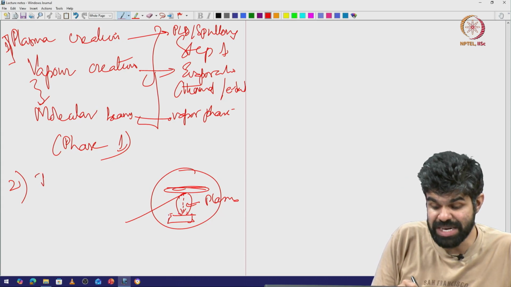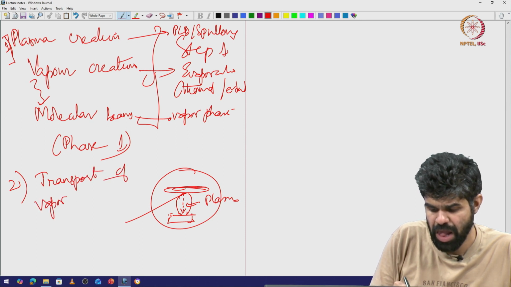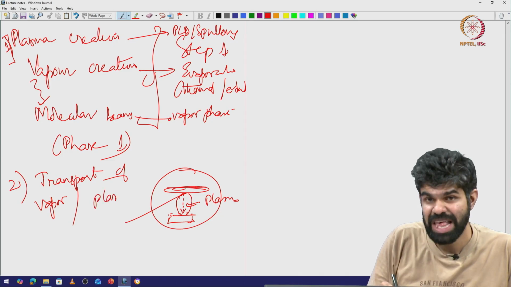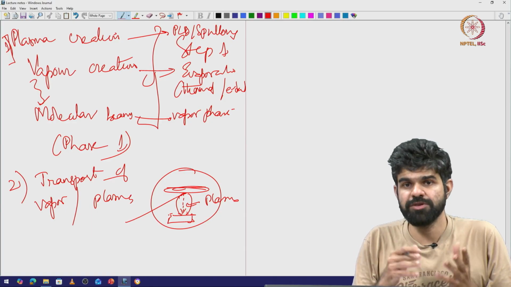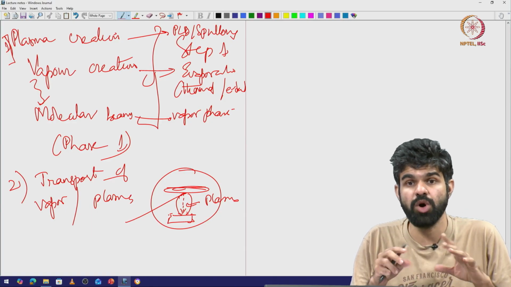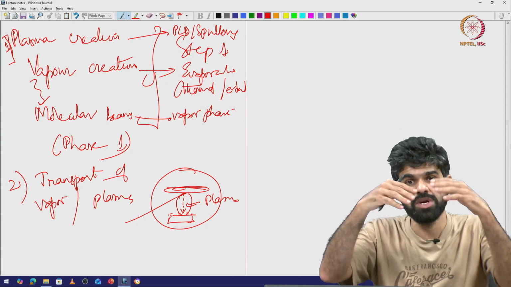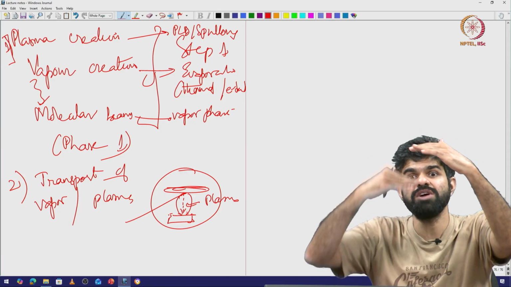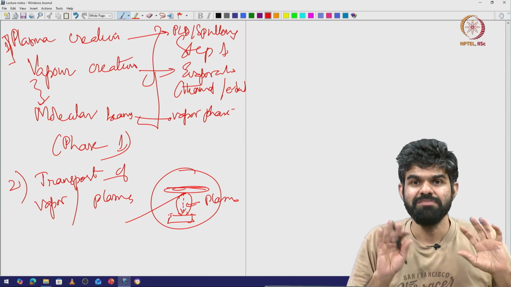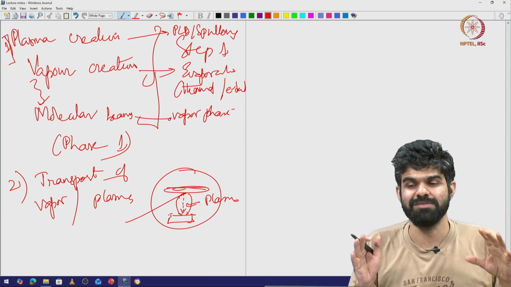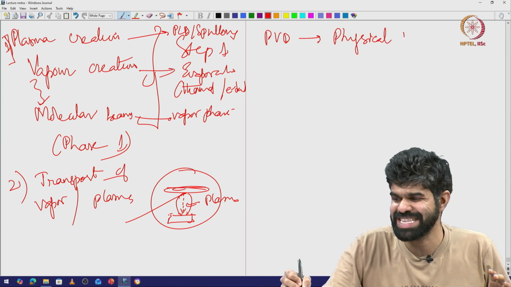So step 2 is the transport of vapor or plasma, and how you direct this transport, using gas flow, mass flow controllers, pressure, etc. All these control the plasma shape and how you are directing the ions from the target to the substrate. You have to transport material from the target to the substrate either in vapor phase or in plasma phase. These are the crux of what is called PVD deposition. PVD means physical vapor deposition. There are no chemical reactions yet.